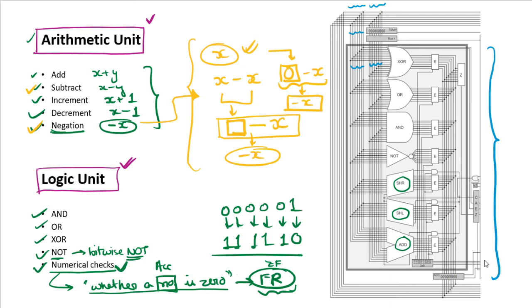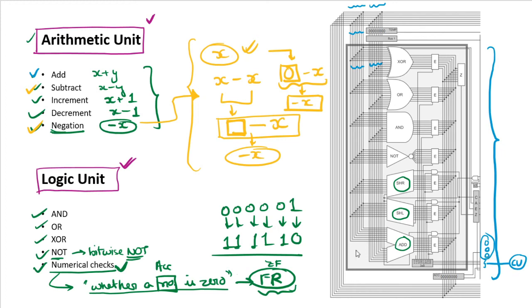From here the control unit will send, let's suppose, 000. It is a decoder, so 000 will be decoded and one of these logics will get activated, based on whatever operation code we are sending here.